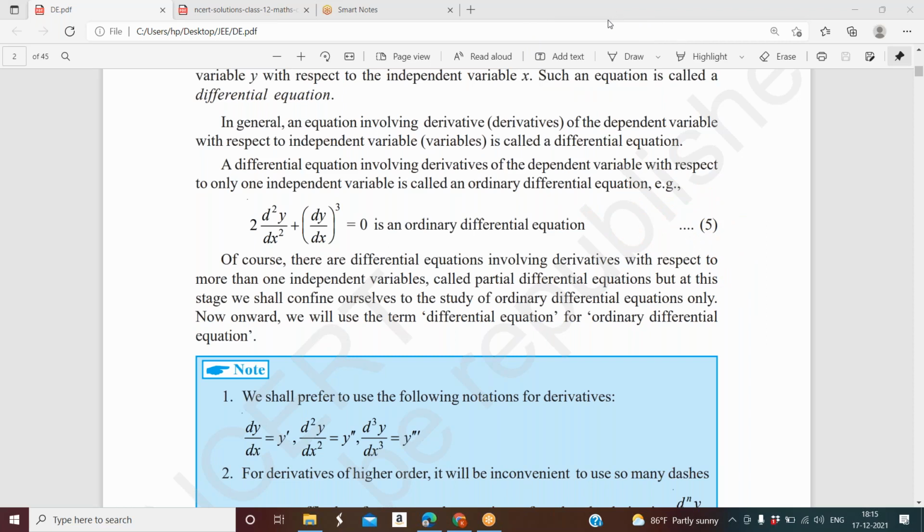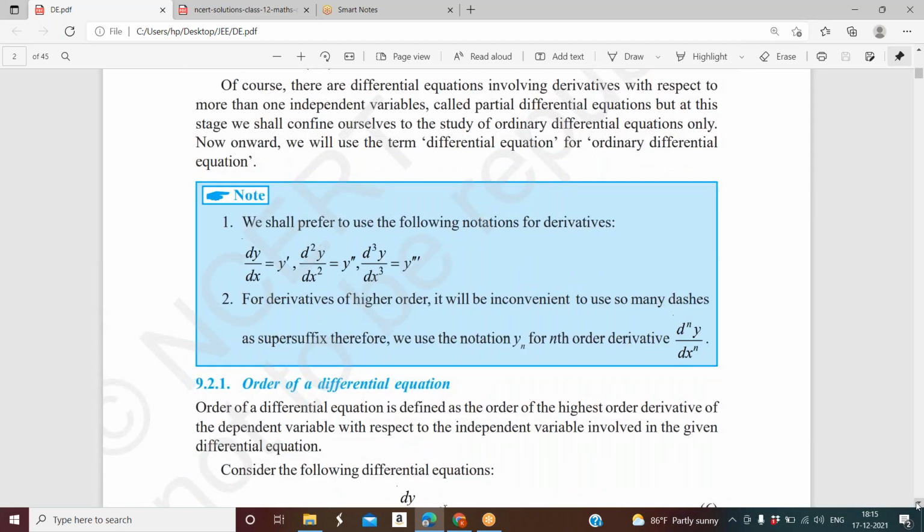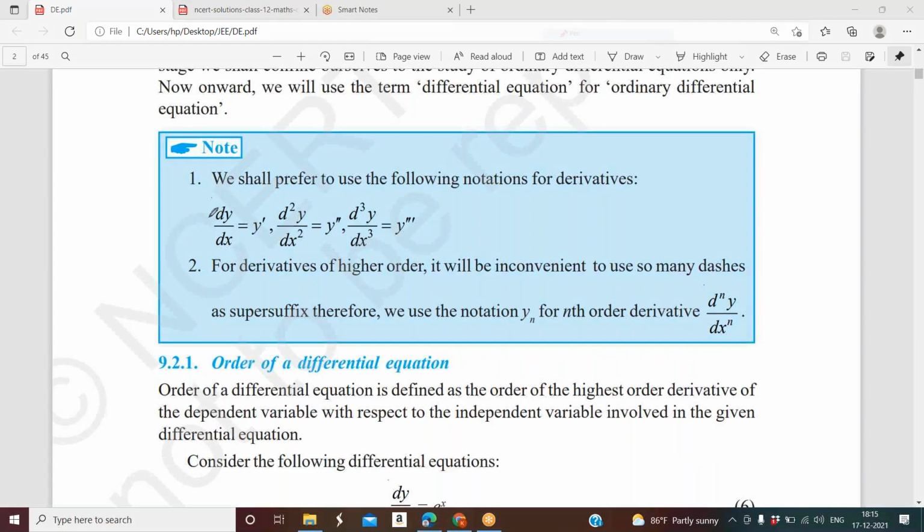We are going to concentrate only on ordinary differential equations. These are the notations we are going to use in this chapter. dy by dx is written as y dash, and d square y by dx square is the second order derivative, y double dash. d cube y by dx cube is represented as the third derivative, y triple dash.